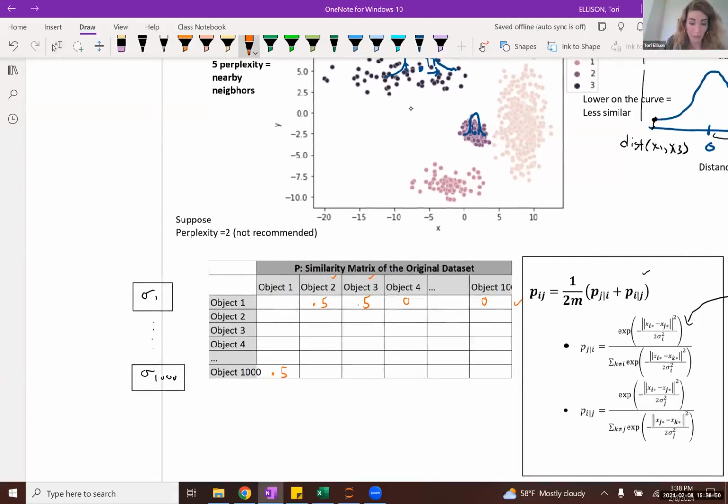So for instance, object 1000, its two nearest neighbors might be 1 and 2. So it might do something like this, and so on and so forth.